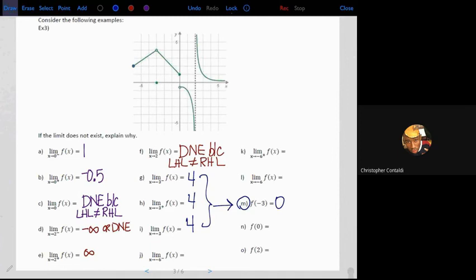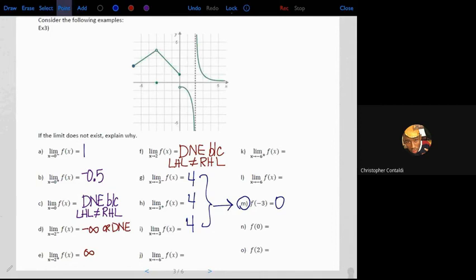I think they can tell me the limit. Oh, let me zoom out once so I can see. There we go. The limit as x approaches negative 6 from the left. Close.